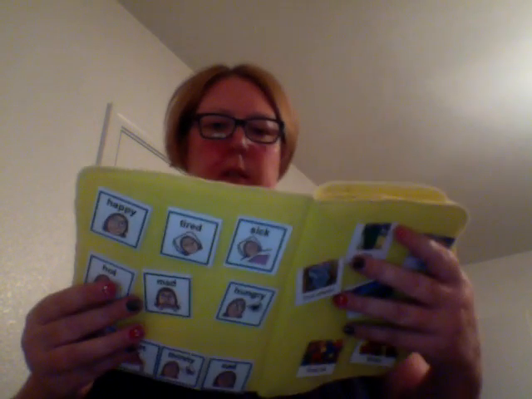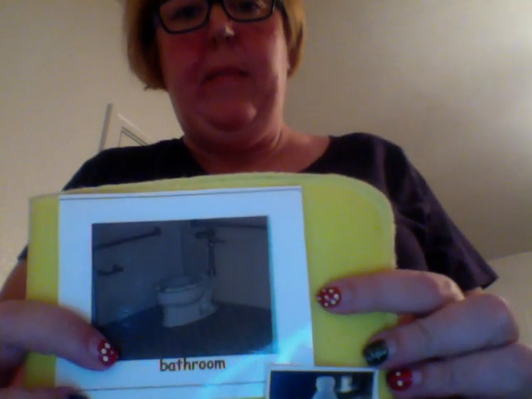What else? Like I said, you have pictures of a bathroom that they can give you. So the picture is showing them bathroom, because some of them might not be able to read these words. So you always need a picture and a word to help them learn, so they can give you that picture and you know what they need.